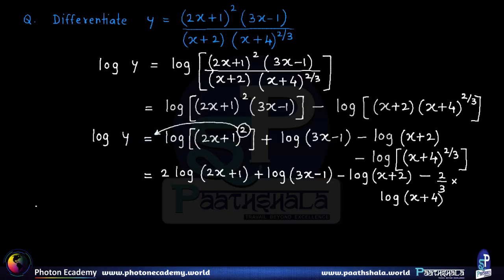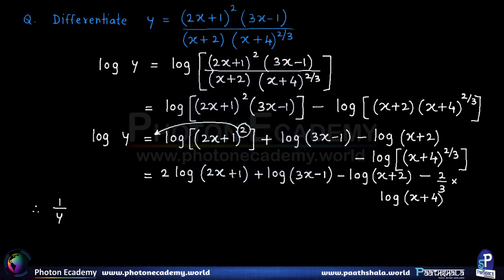So now differentiating, on the left hand side the derivative of log y is nothing but 1 upon y. But if you remember we have to differentiate with respect to x, so we cannot just stop at 1 upon y. We have to further multiply by the derivative of y with respect to x, which is nothing but the chain rule, right?